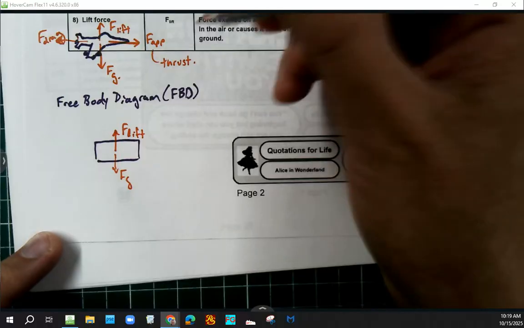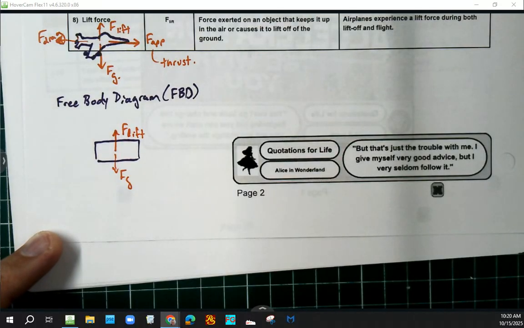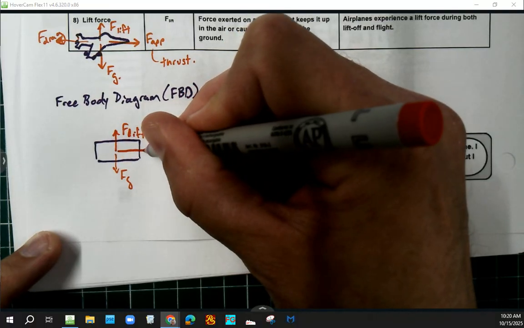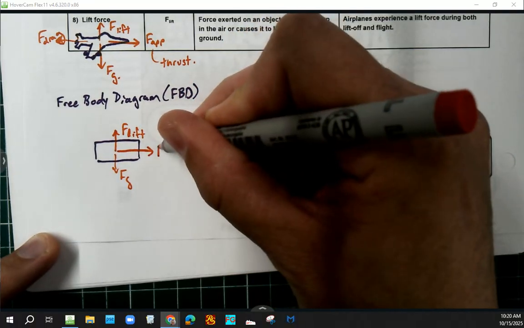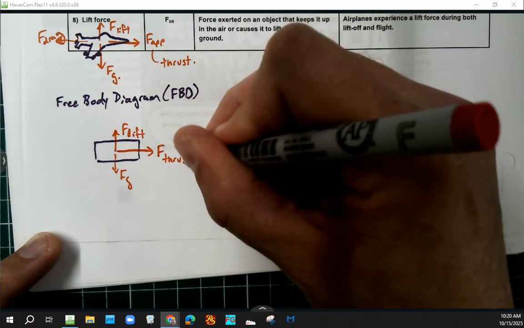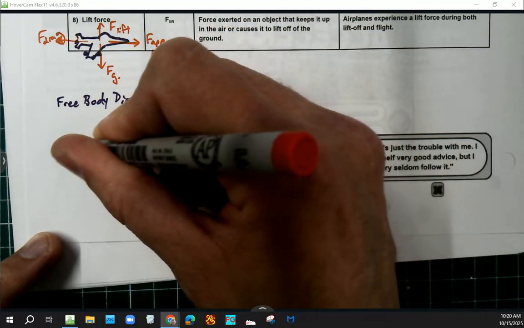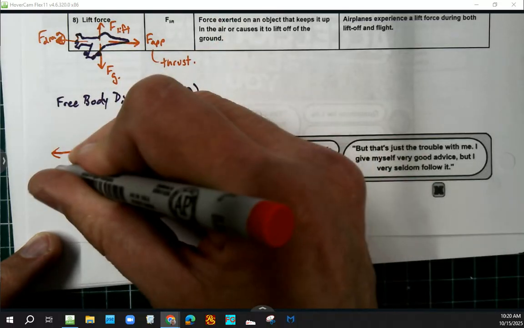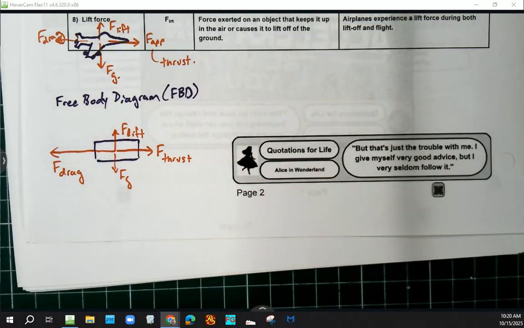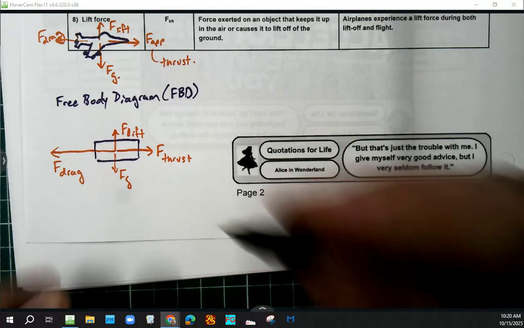I want to change my diagram that I just drew just a little bit. And maybe I'll even call it thrust force this time. I should even give myself a reference frame.